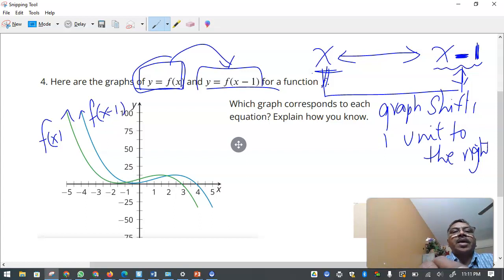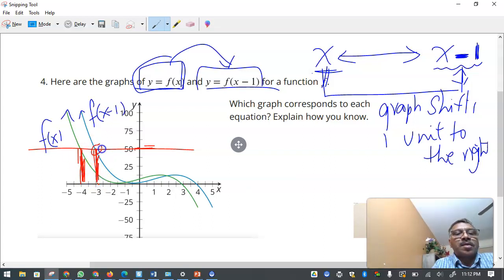So if I try to draw a horizontal line here at 50, I don't know exactly where, this will be at the location of minus 4, and this is at the location of minus 3. So this is minus 4 and this is minus 3. See this point?